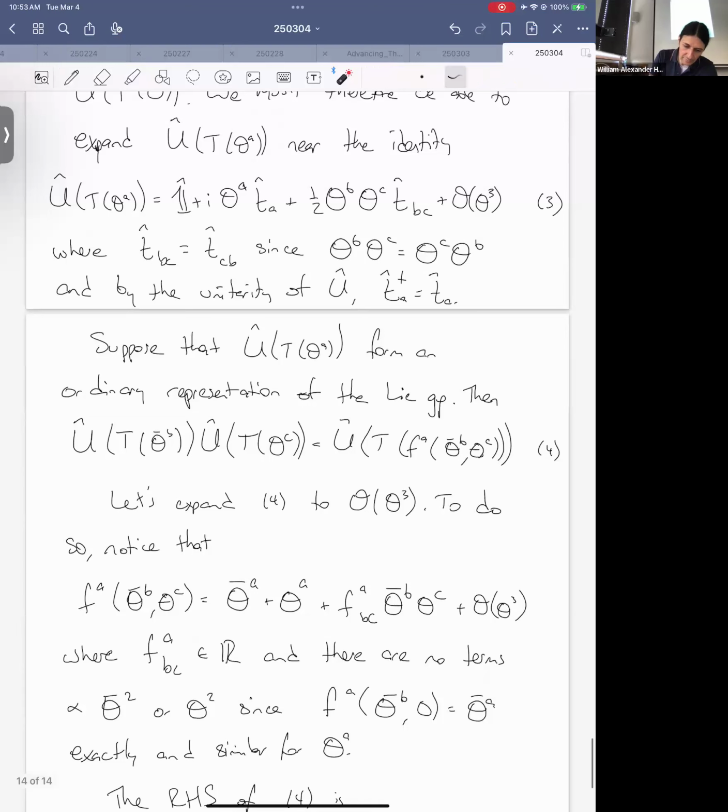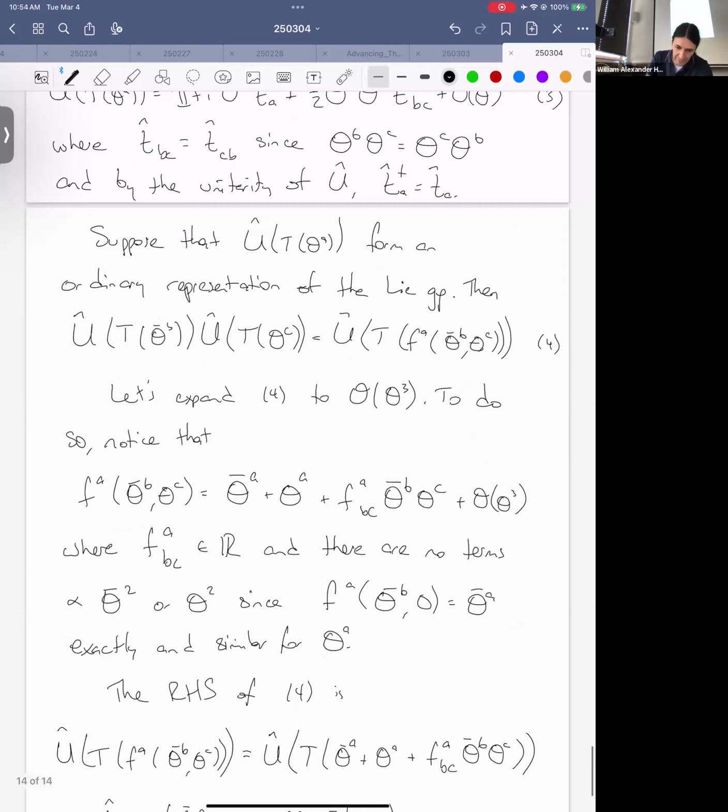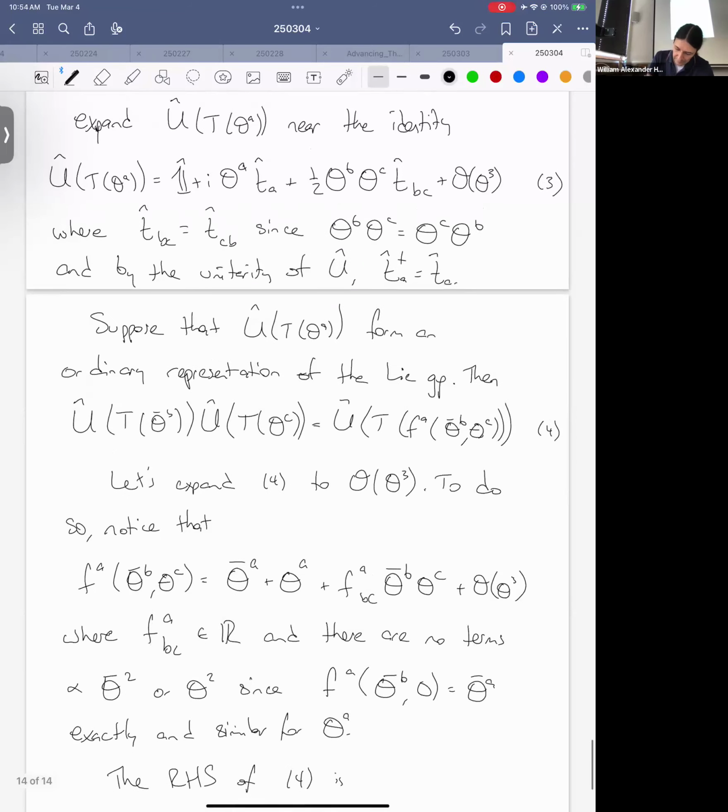We said that in general, we have some U of some transformation, then we get a parameter and then operator T A, and then 2 parameters operator T BC. So we get plus i times theta bar A plus theta A plus F A B C theta bar B theta C, T A. That's our first order term from the expansion 3.